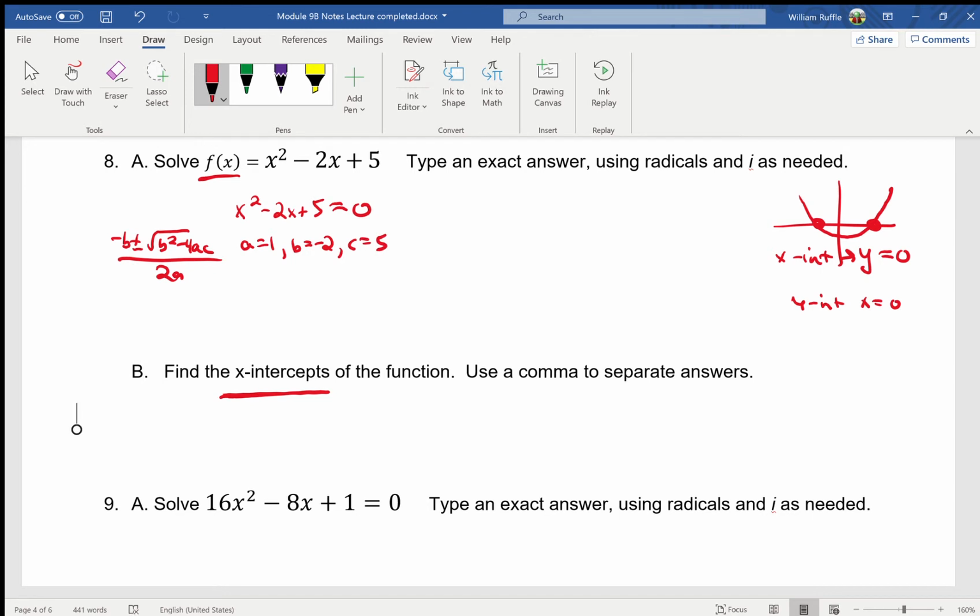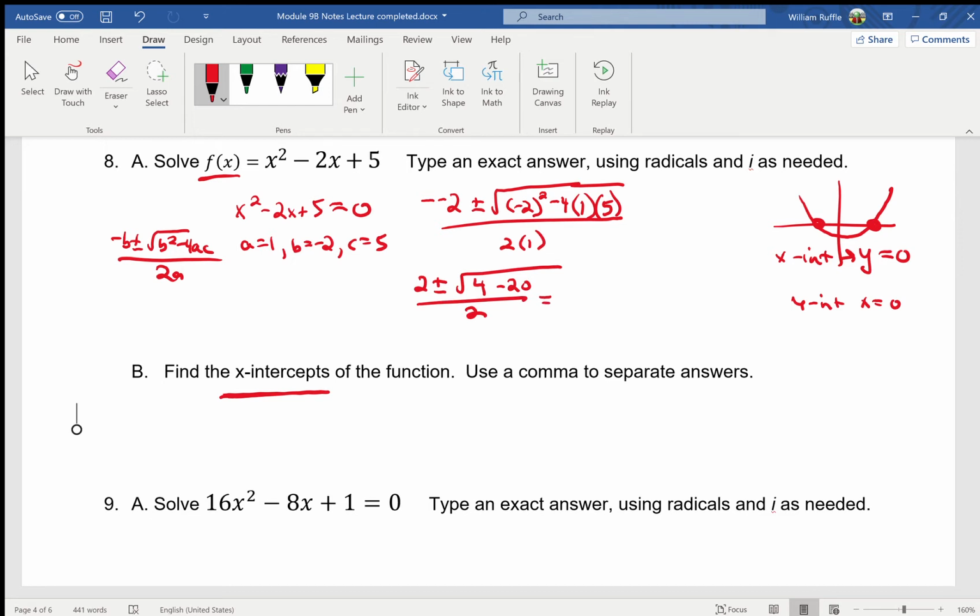So when I work this out, negative b, so that's negative 2, plus or minus the square root of b squared minus 4 times 1 times 5, all over 2 times 1. So negative negative 2, that's 2, plus or minus the square root. Now negative 2 squared is 4, and 4 times 5, that's minus 20, all over 2.